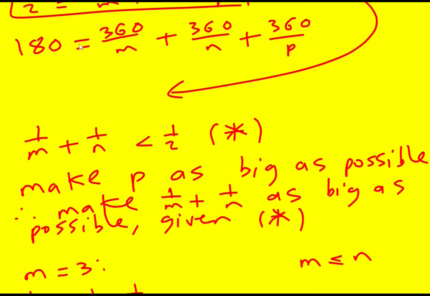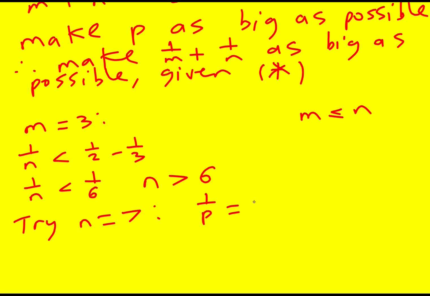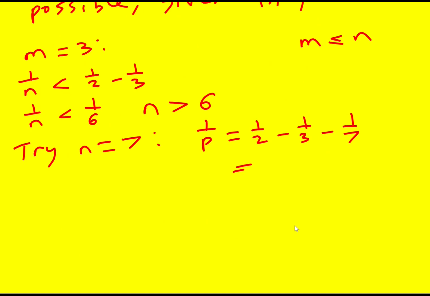Remember, we've got this equation that they add to give a half. So 1 over p is going to be a half minus 1/3 minus 1/7. I know that half minus a third is 1 over 6, so it's 1 over 6 minus 1 over 7, because that's then quite quick to work out.